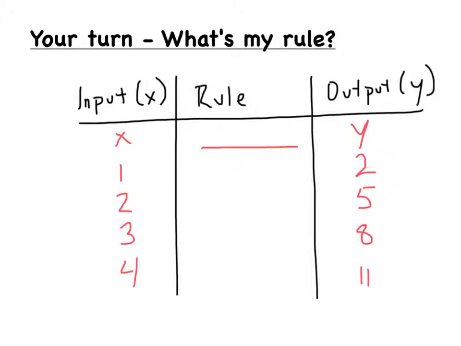Alright. So have you figured out the rule? The rule that I'm doing is you are taking the number, multiplying it by 3, subtracting 1.